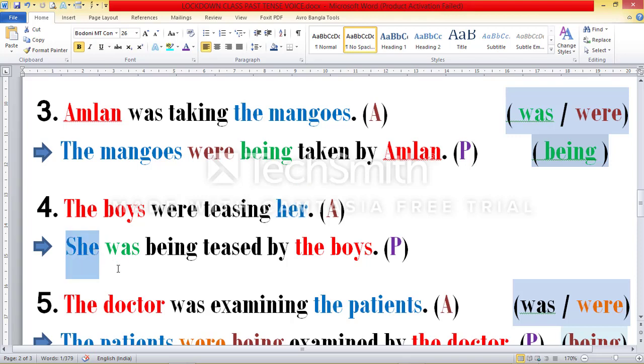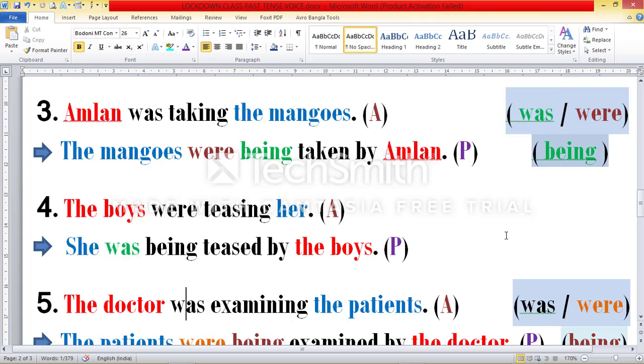So she has become subject. After that, after making the object subject, we have to go to the be verb was or were. Here, in case of she, this is third person singular number, and out of these two, was or were, was will come. So was has come because she is third person singular number.